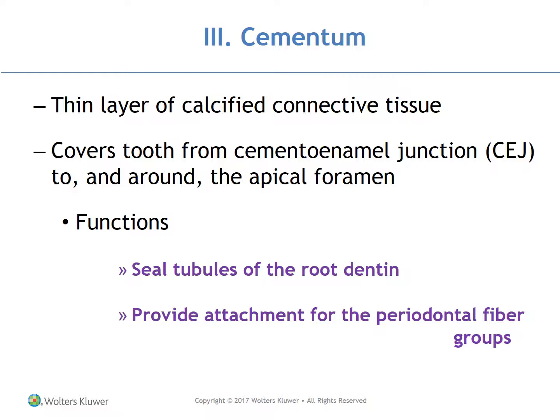All right, cementum. The cementum is a thin layer of connective tissue. It covers the tooth from the CEJ down to the apical foramen. Its functions are to seal the tubules of the dentin, of the root dentin, I should say, and provide attachment for the periodontal fiber groups.